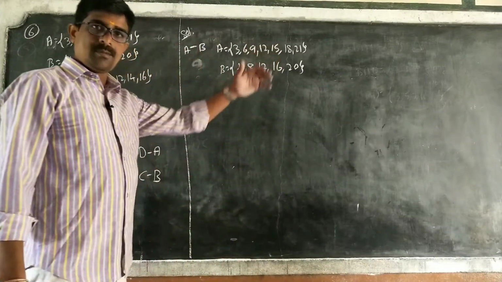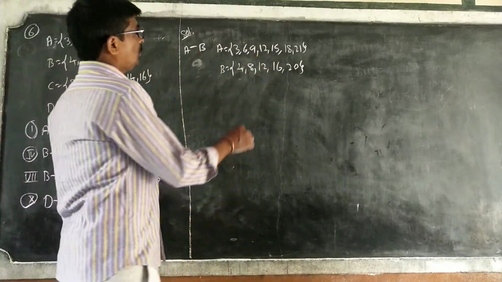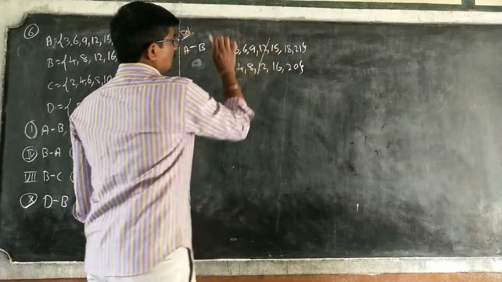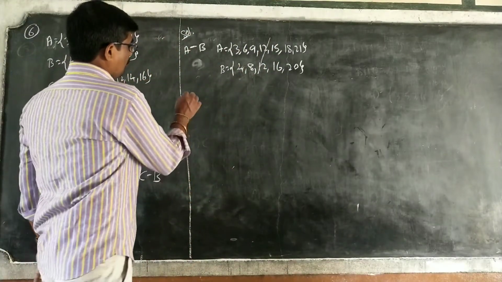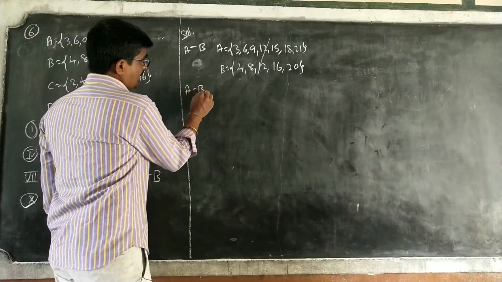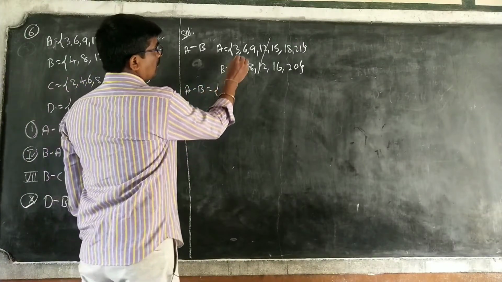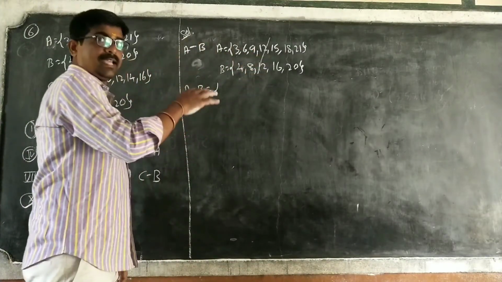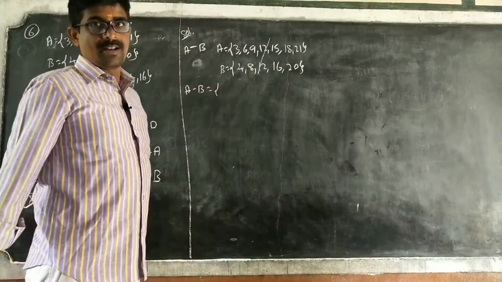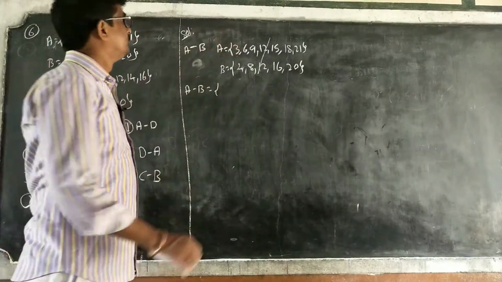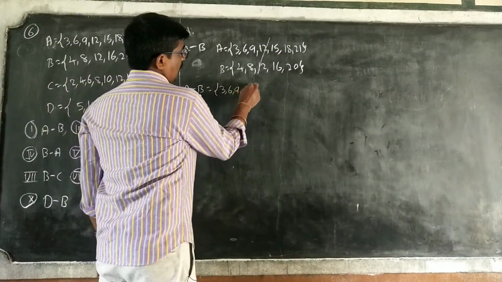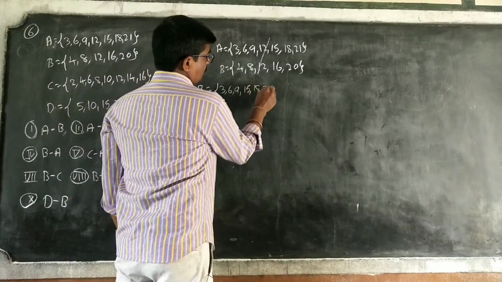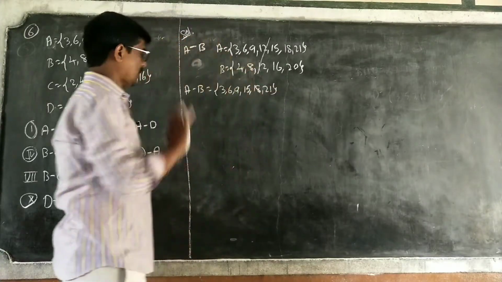In this, which is common, we have to remove. So only 12 is the common. I am removing 12. Therefore, A minus B is equal to the elements which are in A; we remove common elements and write the remaining elements: 3, 6, 9, 15, 18 and 21. Over.